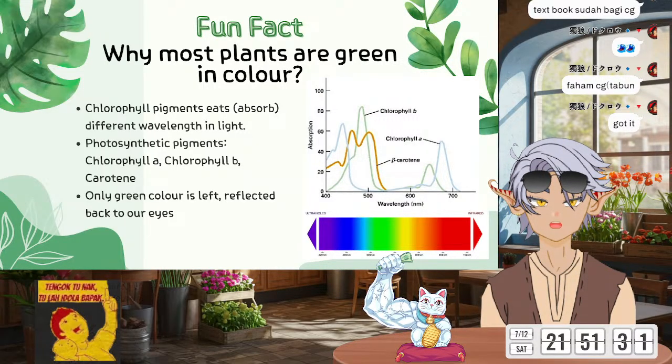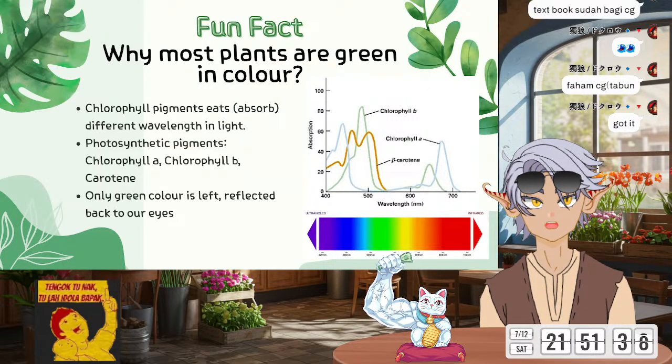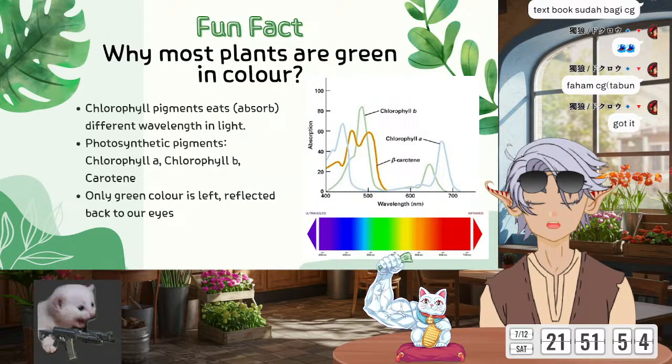So what happens to those wavelengths? The colors that are not absorbed are reflected to our eyes and we see the color. So that's why beta carotene is orange or red. This is how light works. Whatever we see in this world is the reflection of light.